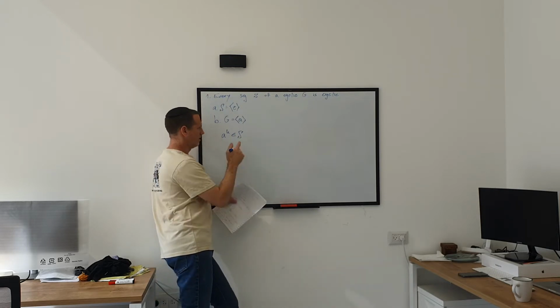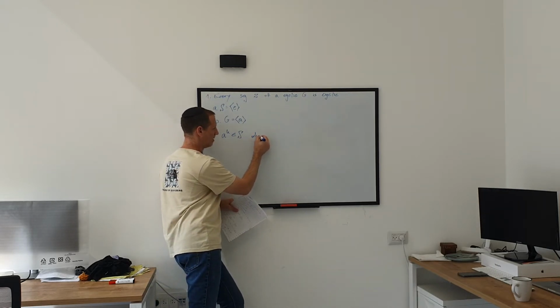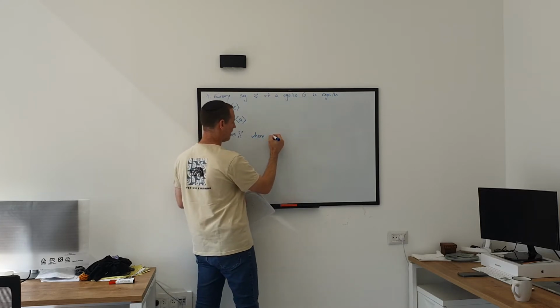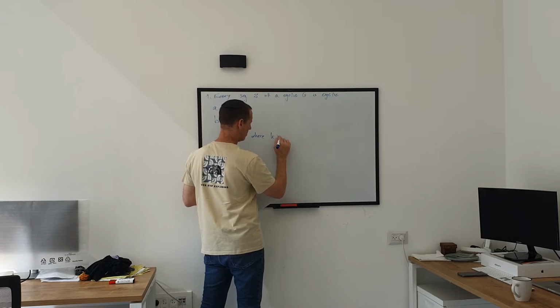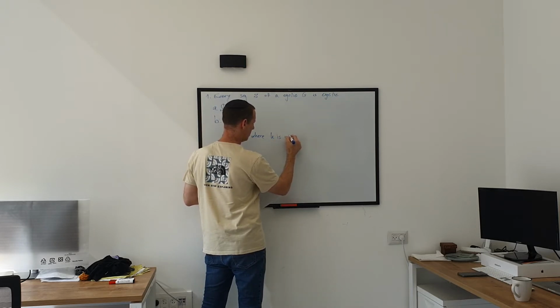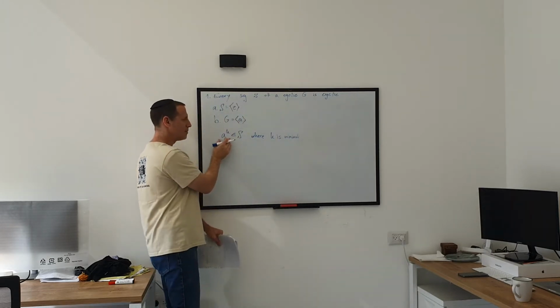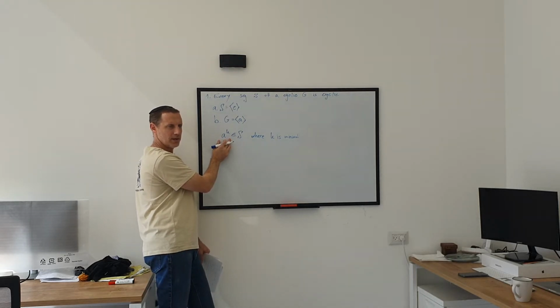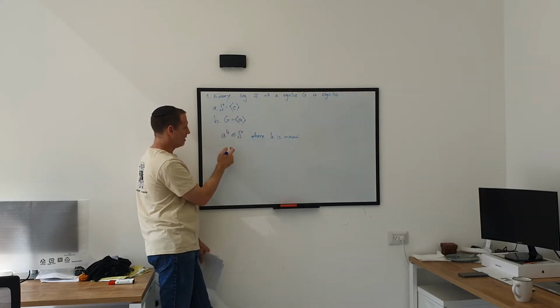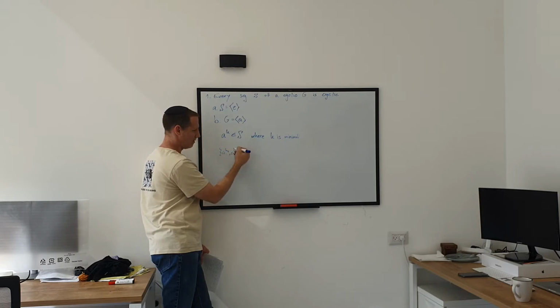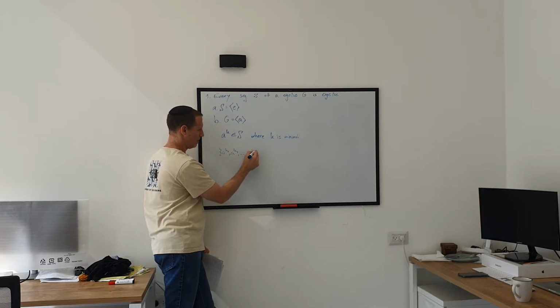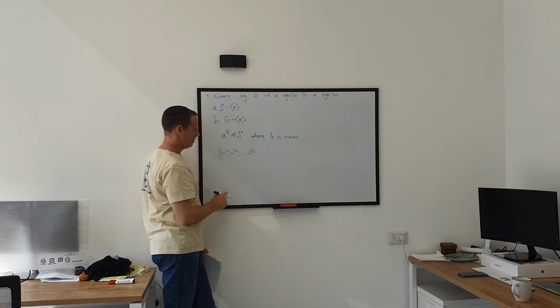But we choose it where K is minimal. We choose the element of S. S would be, I don't know, A to the power of K1, A to the power of K2, whatever, A to the power of KN.